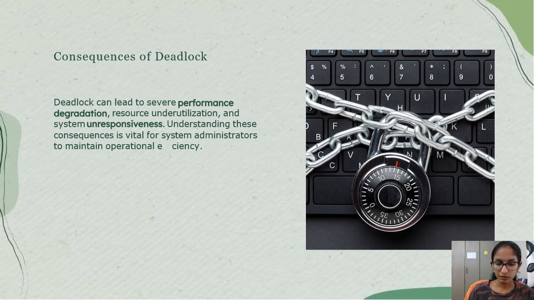This reduces overall system throughput and efficiency. Other consequences are performance degradation, process starvation, data corruption, reduced system reliability, increased administrative costs, and loss of business productivity. So these are some of the consequences of deadlocks.